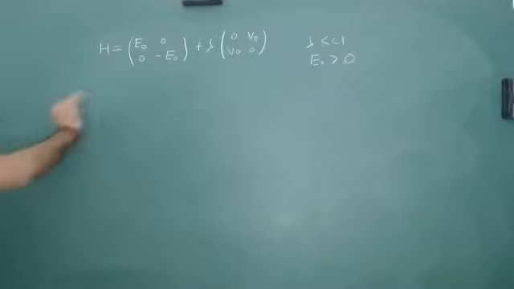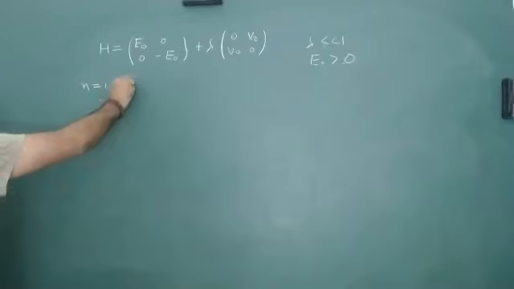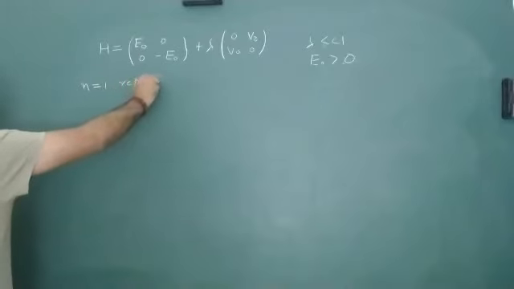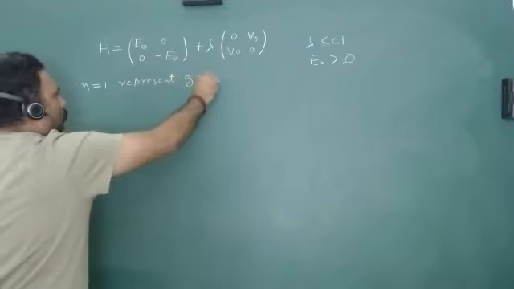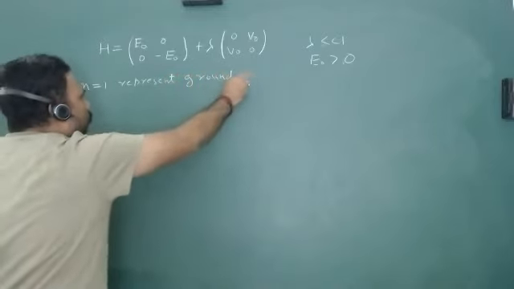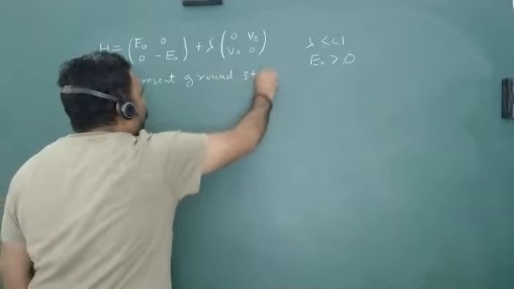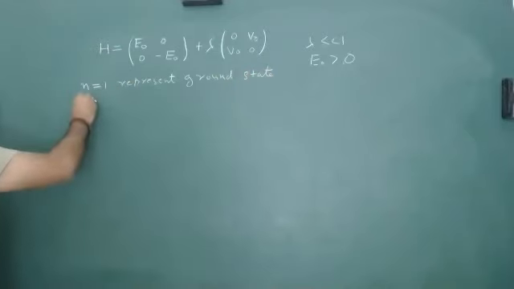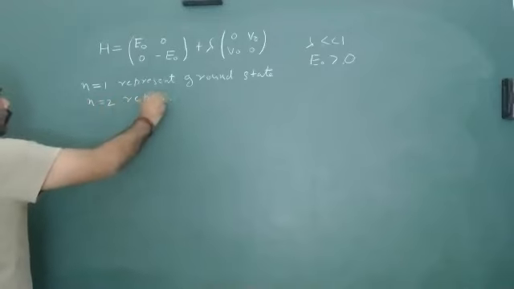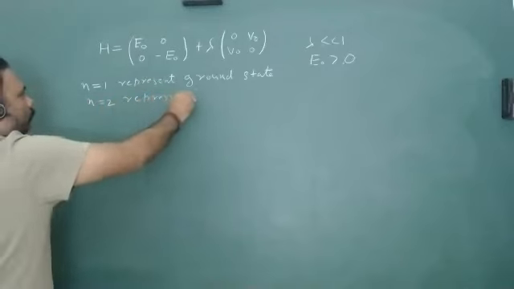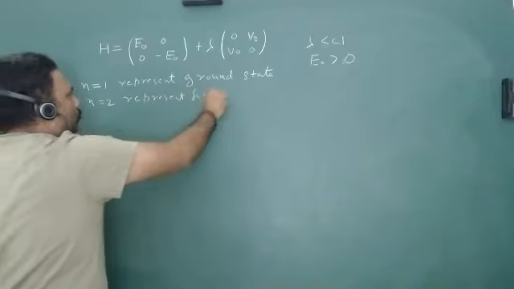And I am just giving the notation. This is very important. N is equal to 1 represents the ground state and N is equal to 2 represents the first excited state.